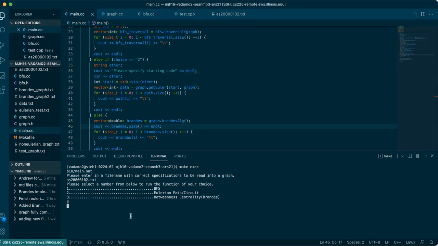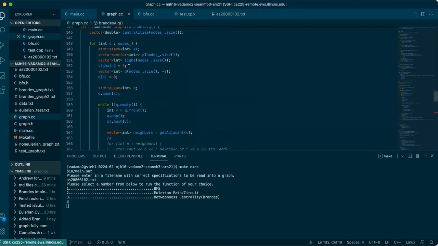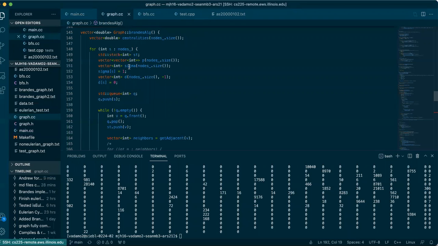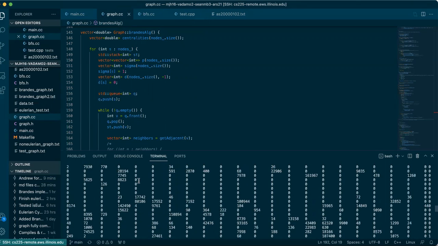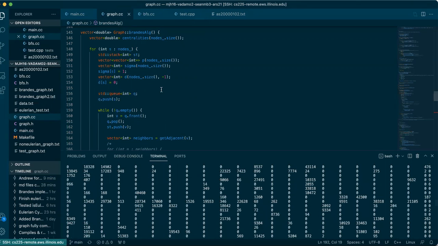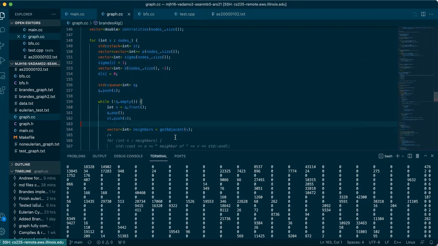So Vinny, if you'll go to Brandes algorithm in the graph.cc, thank you. So essentially, the main important design decision that was made here was that I added a helper function to graph.cc and graph.h for getting the neighbors, directly returning the neighbors for any vertex in the graph.